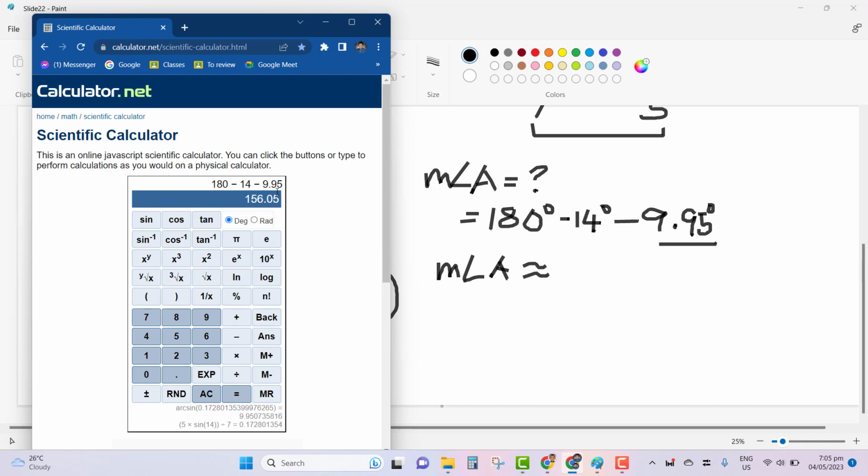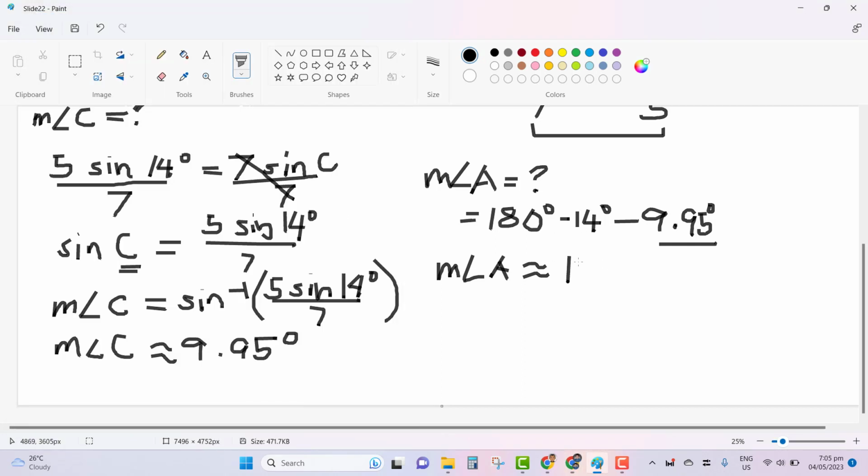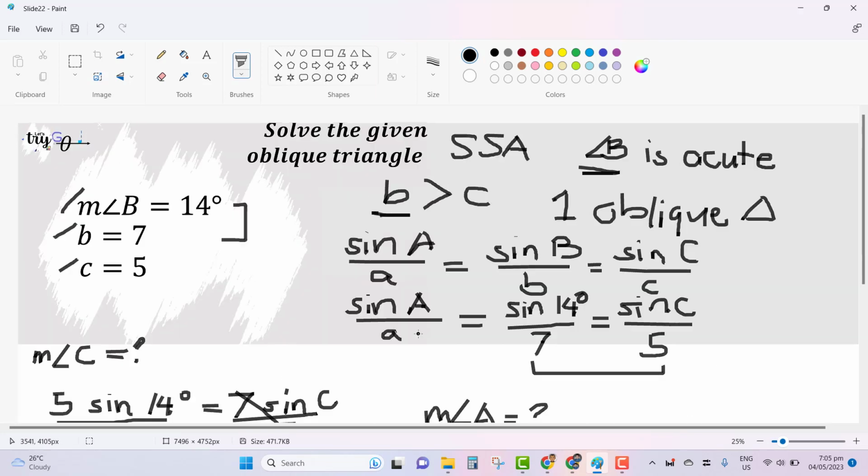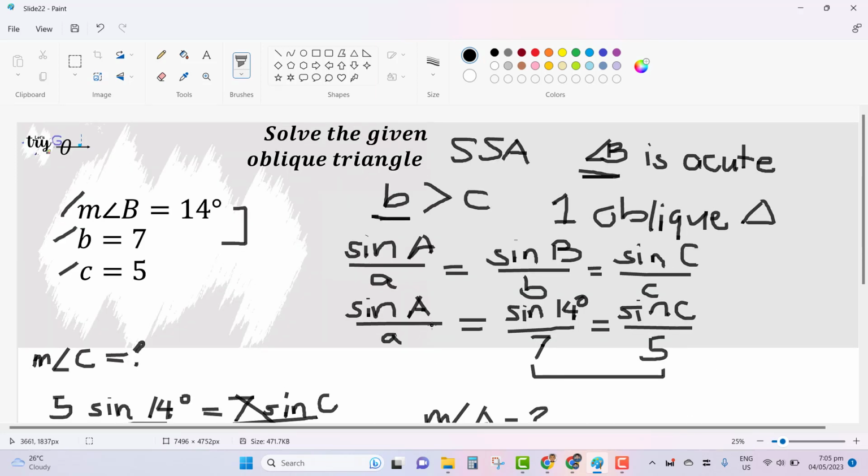Even if it ends in the hundredths place of your decimal places, since again 9.95 is an approximated value, it would still be an approximated value, 156.05 degrees. That's for your second angle. So we are now done with all the angles, and we will now proceed to the measurement of the remaining side A.